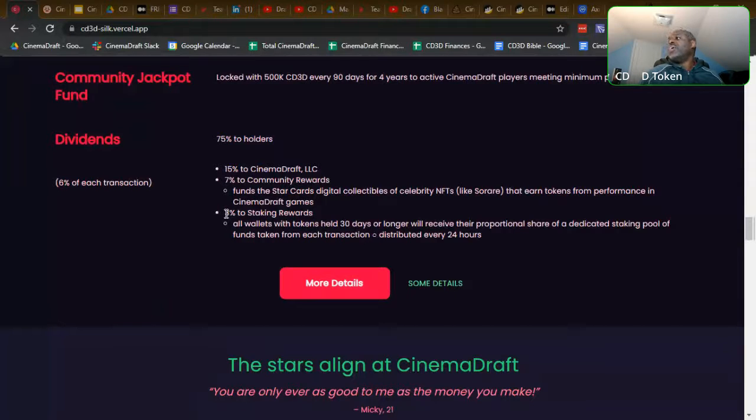And then 3% staking rewards. This is a benefit for long-term hodlers. People who have tokens that are 30 days and older can stake and earn from this pool. And for all these details, you can click here for a white paper, more details.